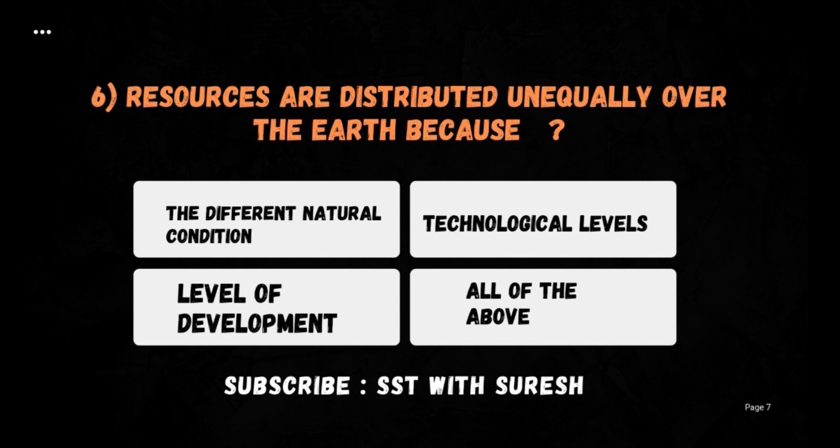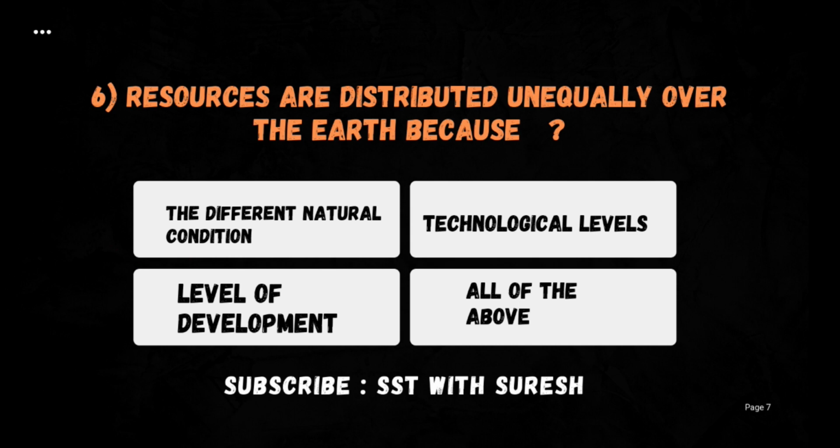The correct answer for question number 6 is the different natural conditions. This is the reason behind the unequal distribution of resources throughout the earth.